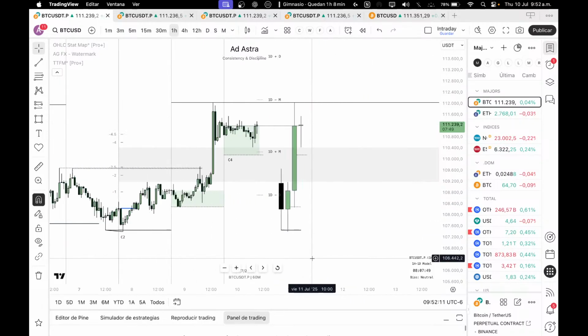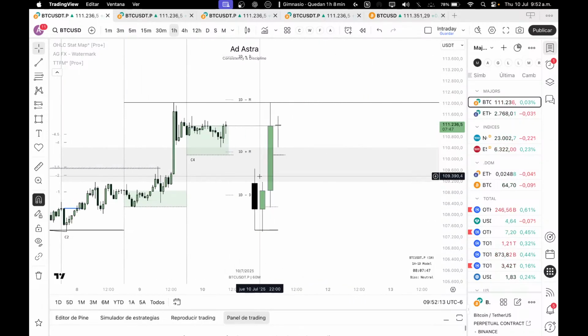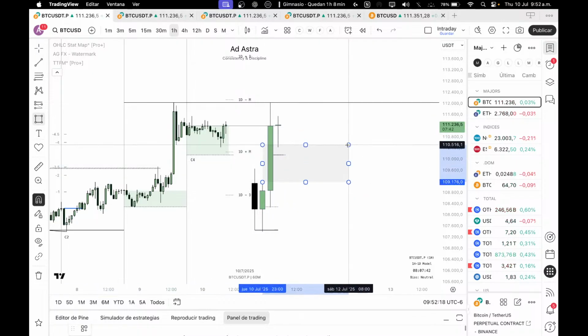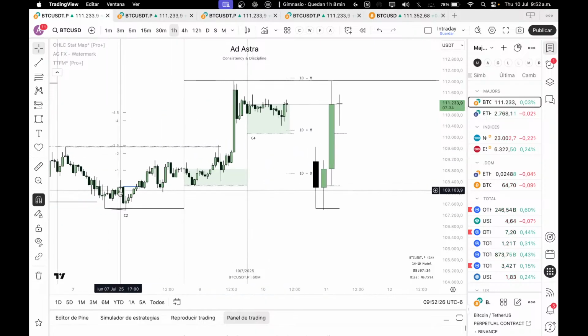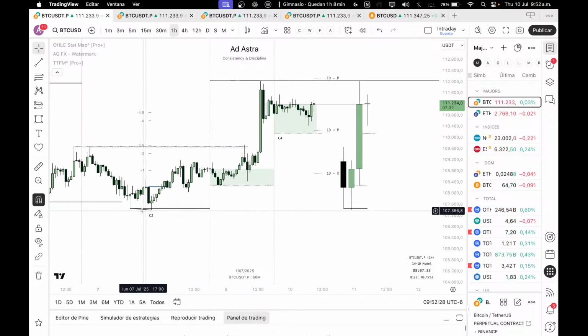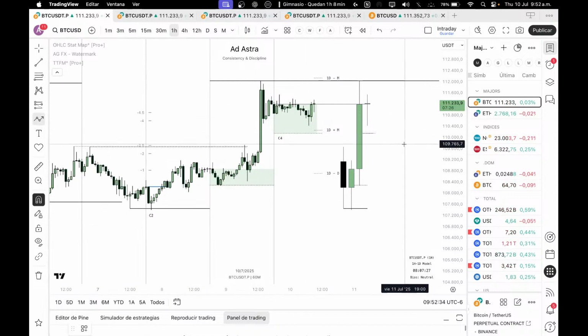And what else? Okay, so what I'm expecting, I want to see now this daily fair value gap get built. Okay, and on the equilibrium of this candle, I want to look for longs on what trigger? Changing the state of delivery. I want to see something like this. Okay, something like this exactly being put in here.